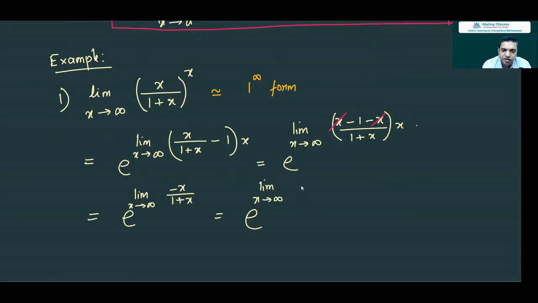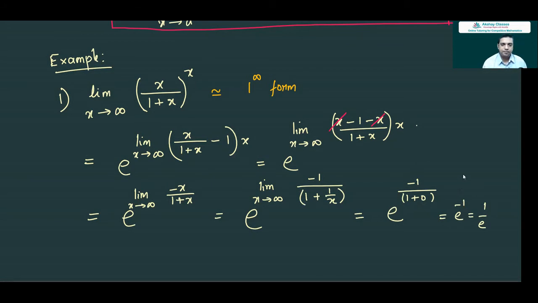As x tends to infinity, divide by x in numerator and denominator, we get minus 1 by 1 plus 1 by x. So this is e power, apply the limit, minus 1 by 1 plus 0. We get e power minus 1, that is 1 by e.